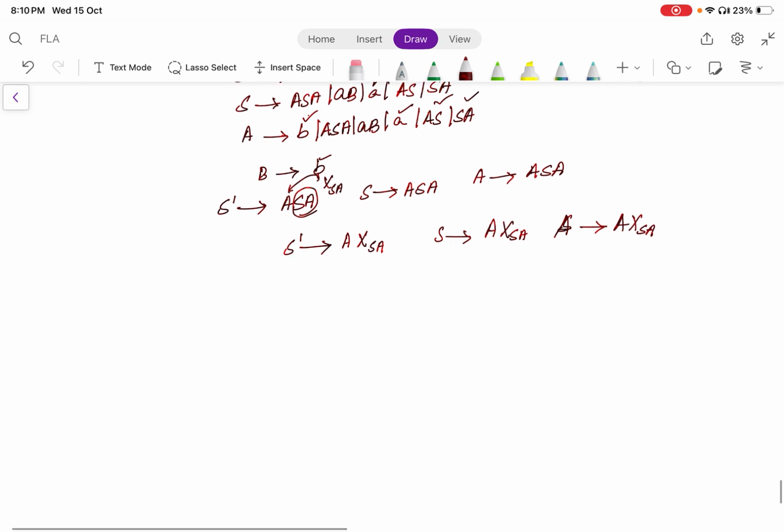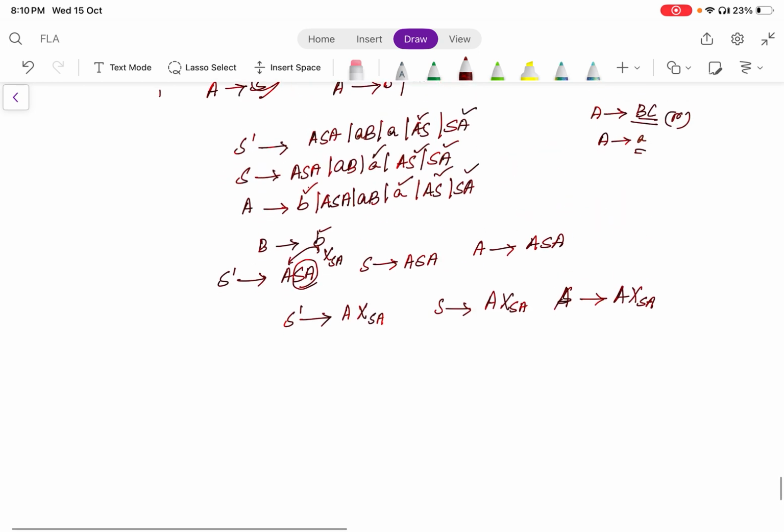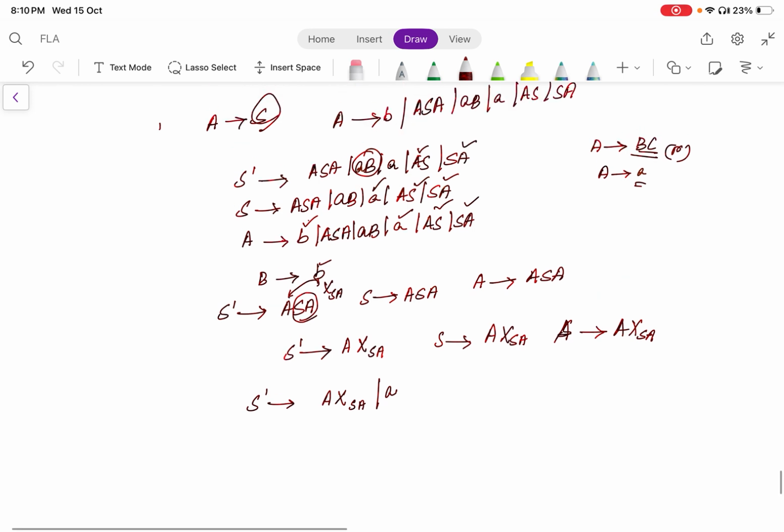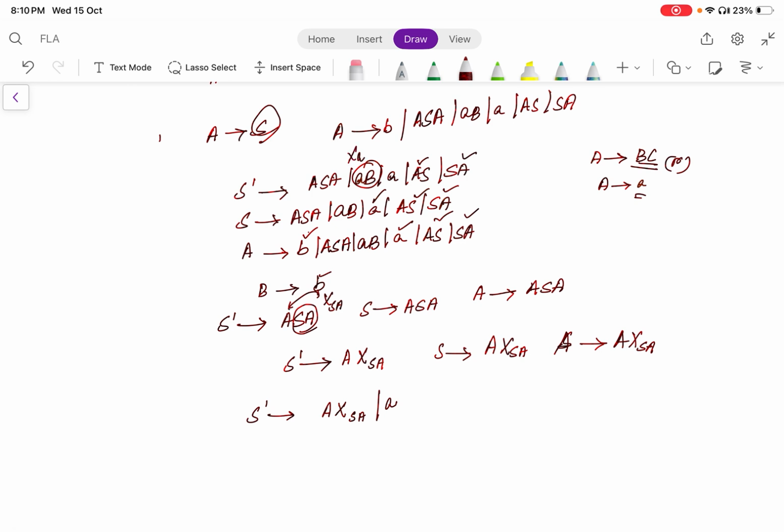Now how will the productions look? S tends to A XSA, or okay, this one is also not in CNF, right? So what will I do? I have substituted XSA in place of SA. Here also I can write XA. So I write this as X subscript A and B, or A is already in CNF, AS already in CNF, SA already in CNF.